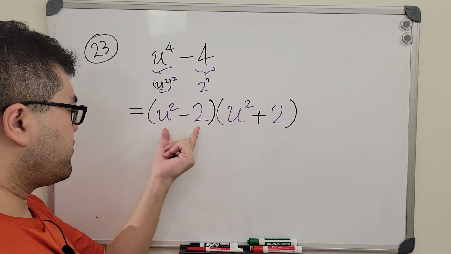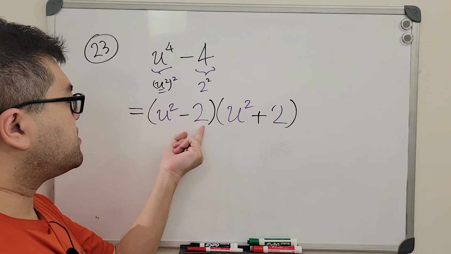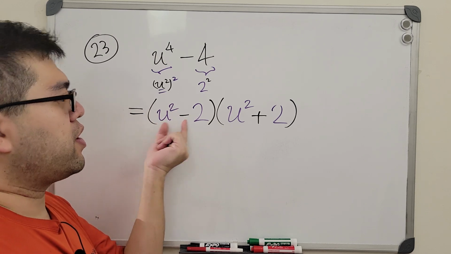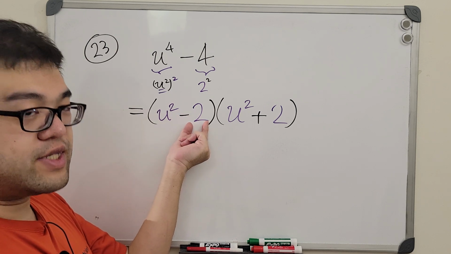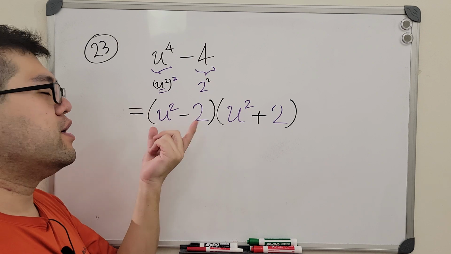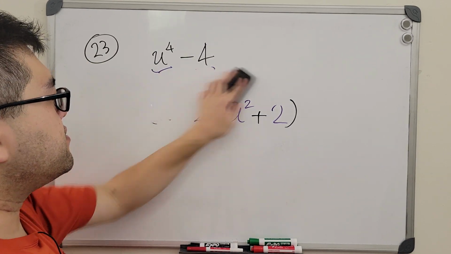For the first term, we have u squared minus 2. Well, clearly the first term is a perfect square, but the second term, 2, is not a perfect square. We cannot use our formula. So that will be the final answer.